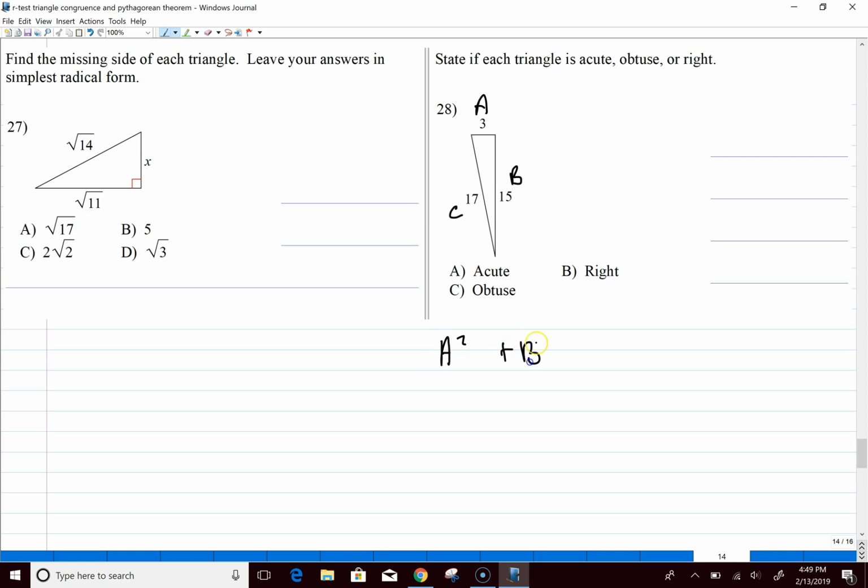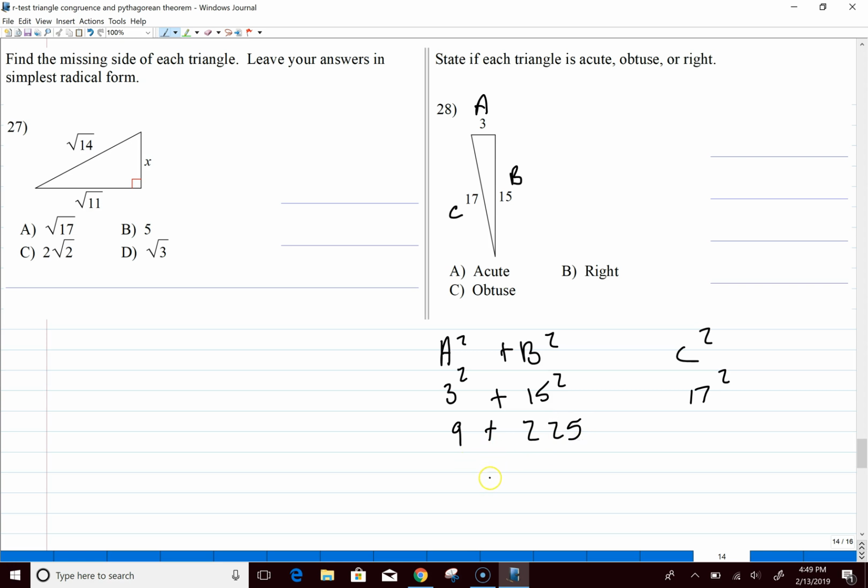A squared plus B squared. Give some room and then do C squared. A squared is 3. So 3 squared plus B squared is 15 squared. And then C is 17 squared. So 3 squared is 9 plus 15 squared, that's 225.